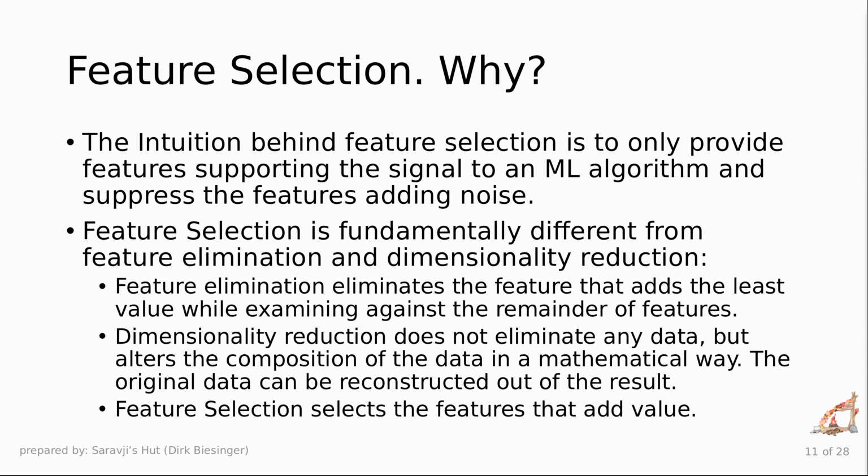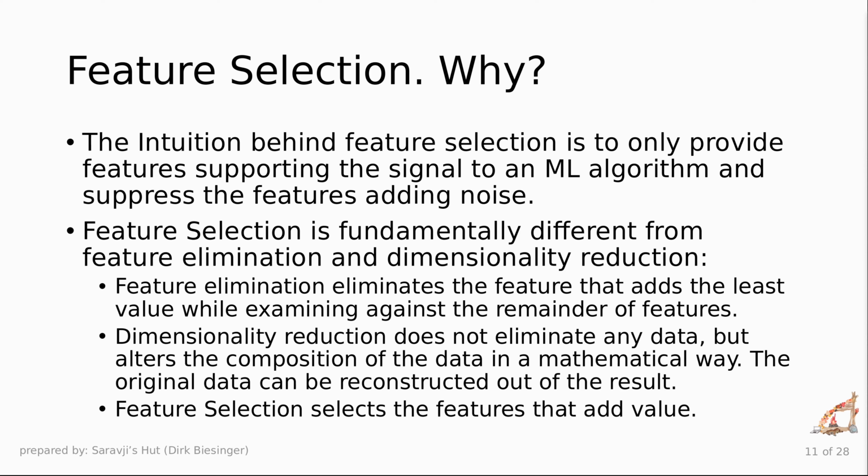Dimensionality reduction is a mathematical process to transform the data into a data set that has fewer dimensions. Now, this is a transformation, which means we can reconstruct the original data set out of the transformed data. So we are not eliminating any part of the data in this way.